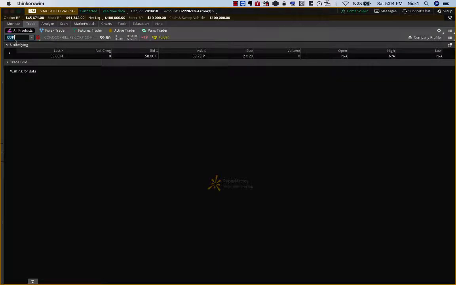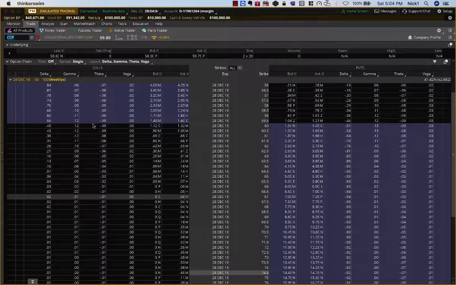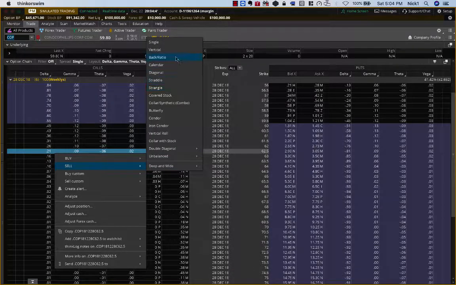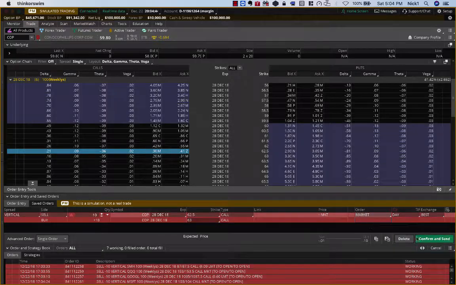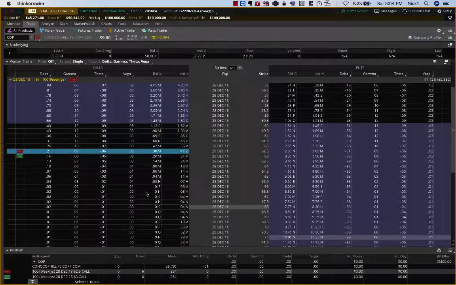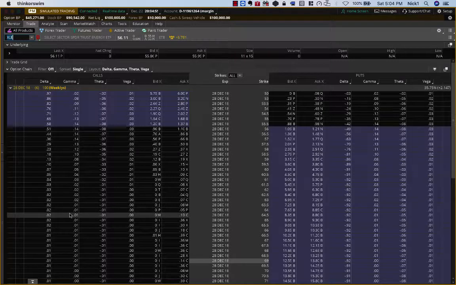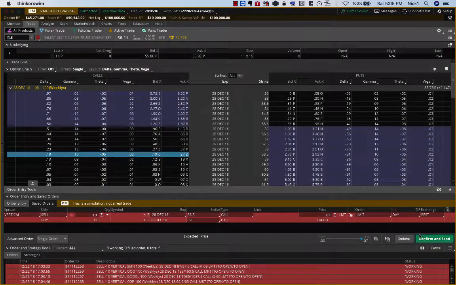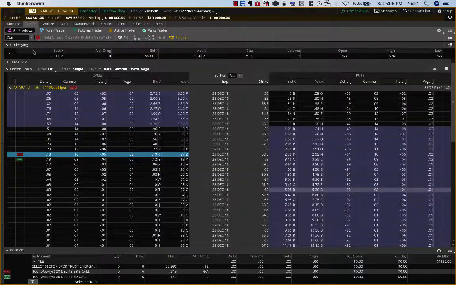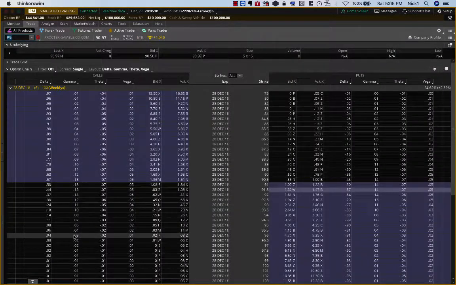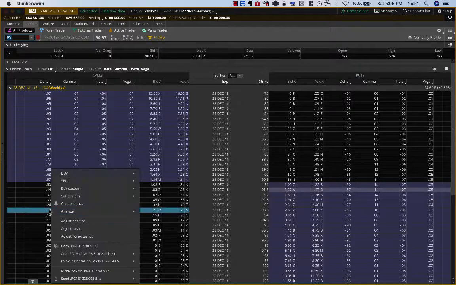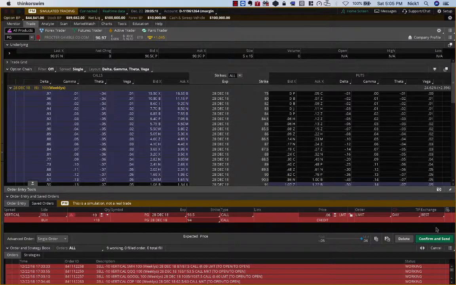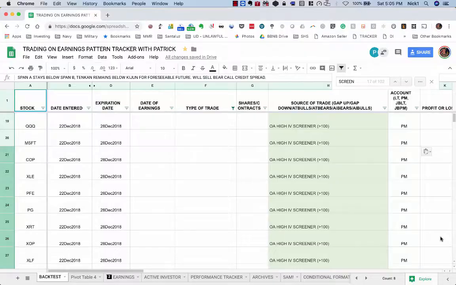COP. And obviously doing a defined risk vertical requires less margin. XLE. iffy.